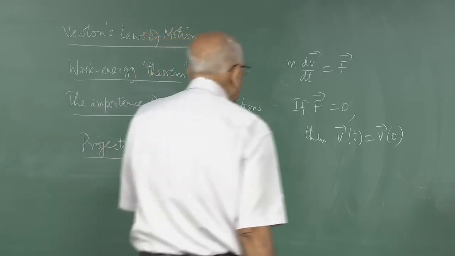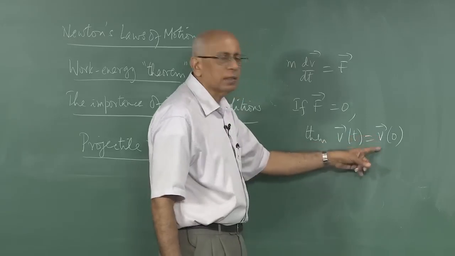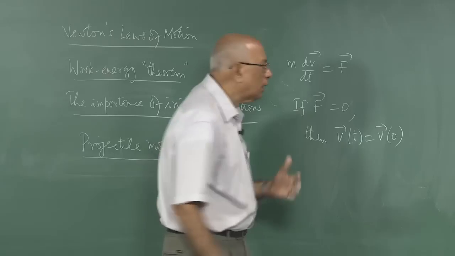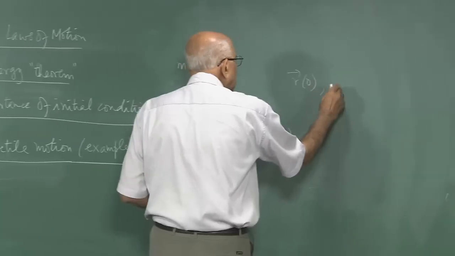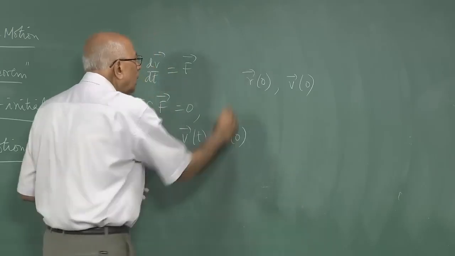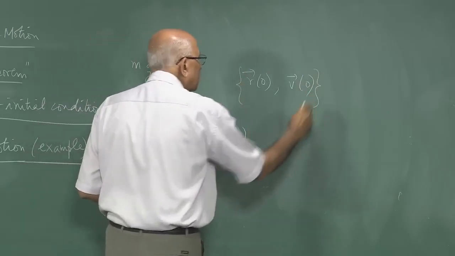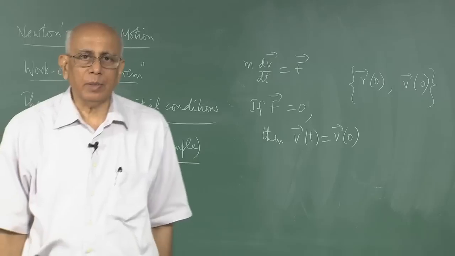Now in the mathematical sense there may be integration constants, in the physical sense they are initial conditions. So you need to know what the initial velocity of each object is, the initial position of each object is, and you need to know the set of these conditions for all the objects that you deal with in your dynamics problem.